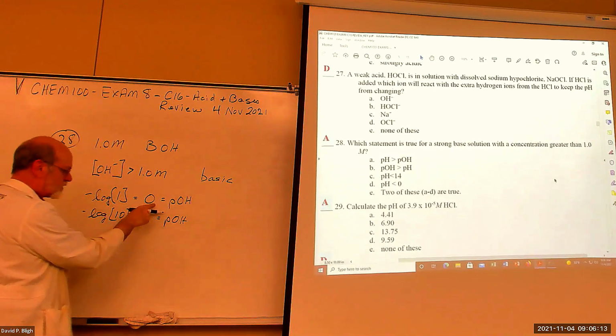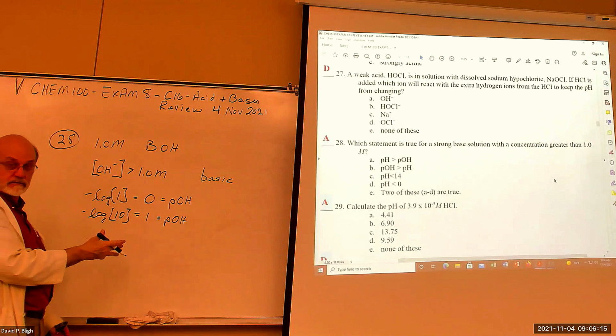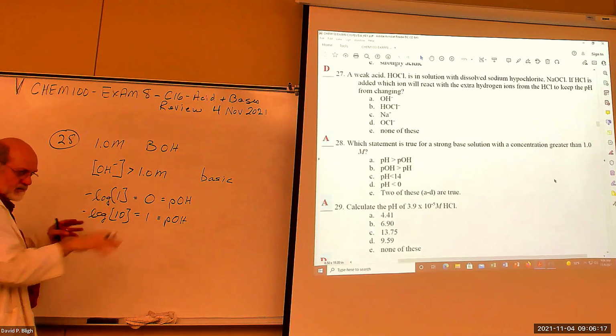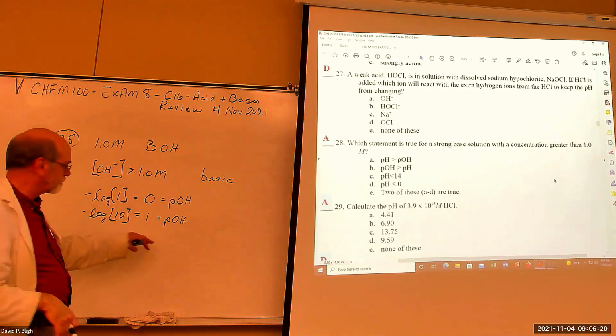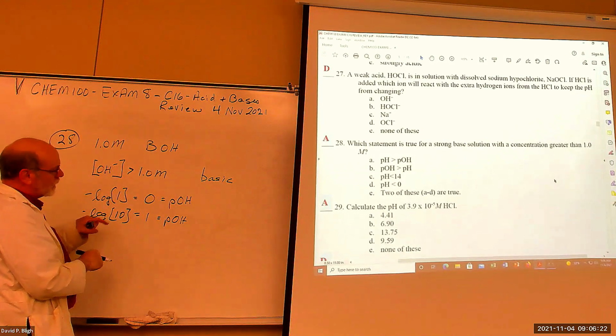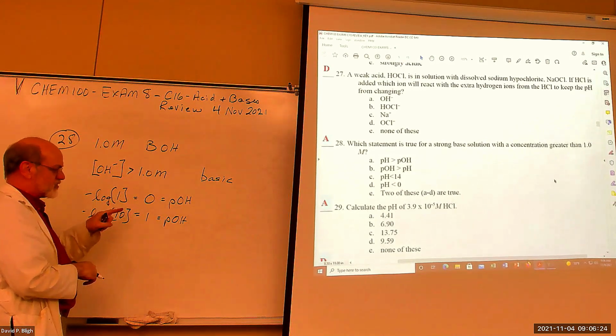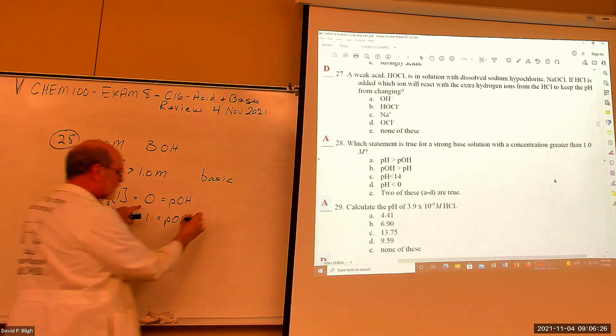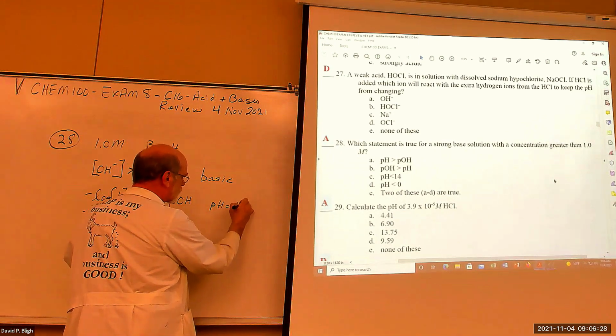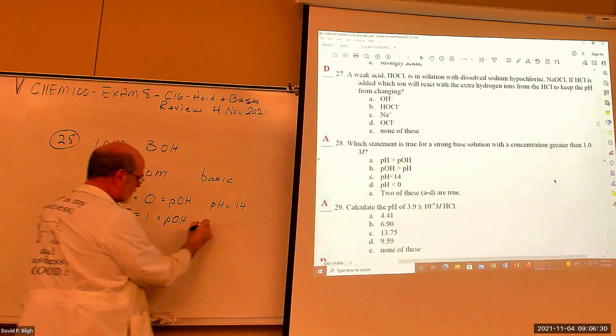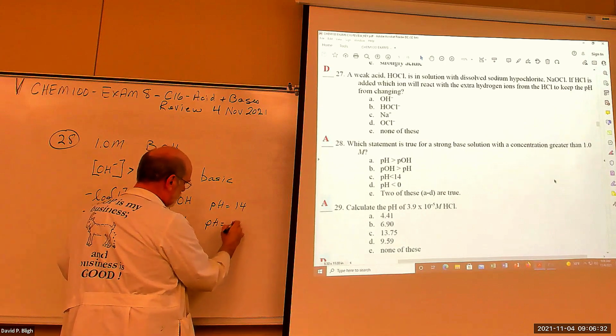So it's greater than 0, could be 1. It's going bigger and bigger pOH. So what does that say about the pH? Well, in this case, the pH is equal to 14. In this case, the pH is 13.